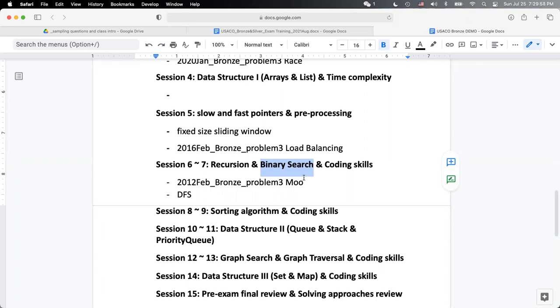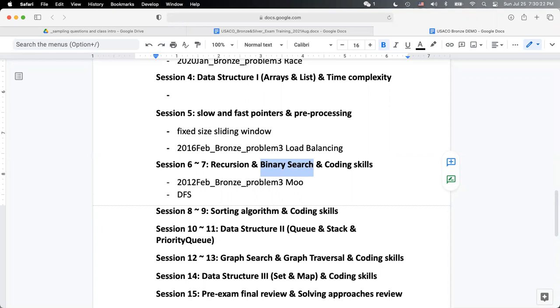Then you apply the restrictions, narrow the candidates down to several, determine which one it is, and return. Binary search is exactly this use case. So we want to cover binary search as one, and two, we also want to review one of the solving approaches, starting big.